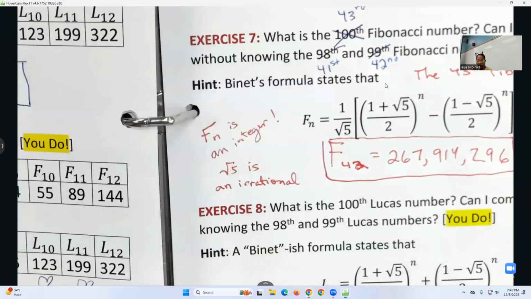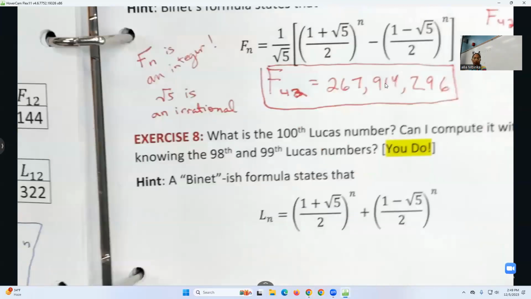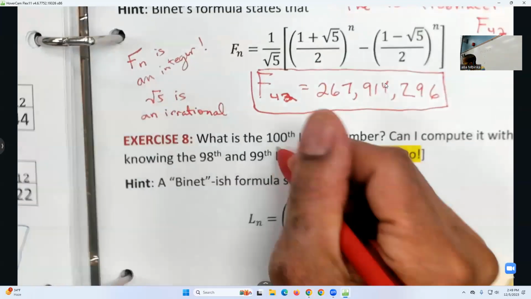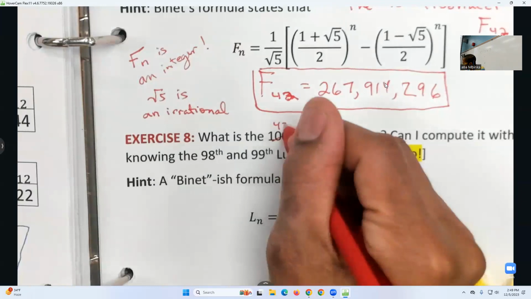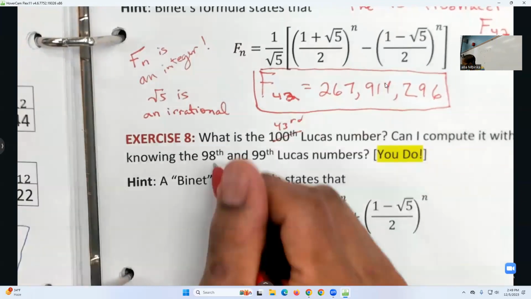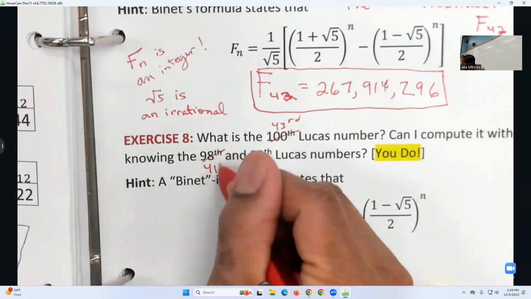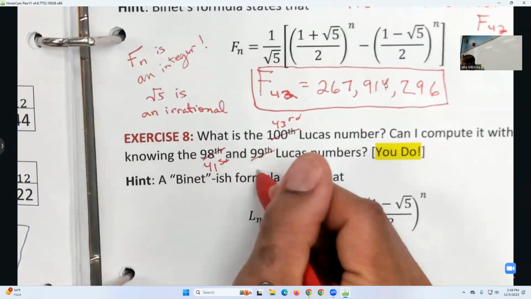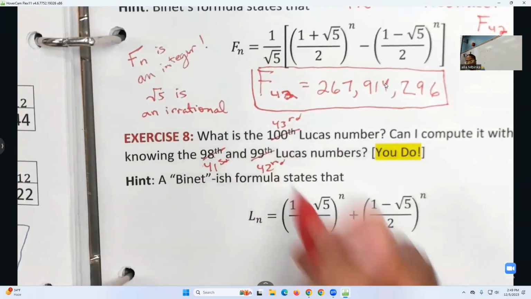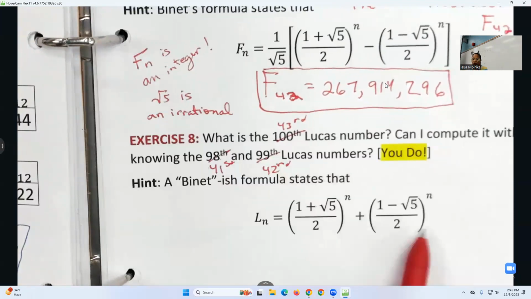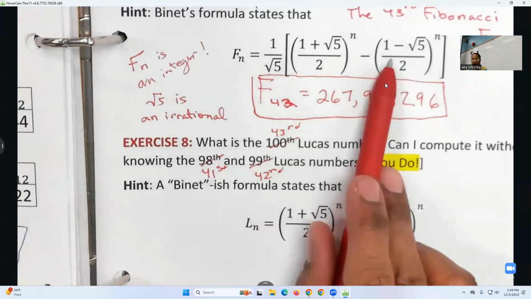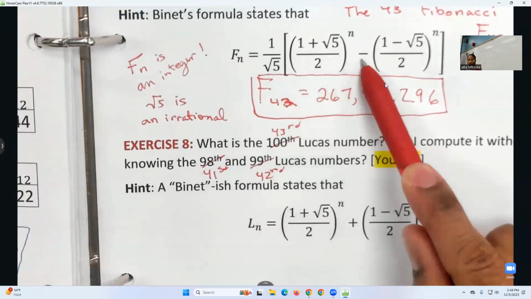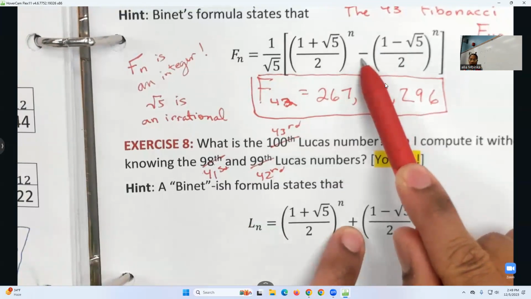Now let's look at the Lucas sequence, and let's consider the 43rd Lucas number. Can we compute it without doing the 41st and the 42nd? Well, yes, we can, because we have this formula that's very similar to here, except that this minus over here is now a plus down here.